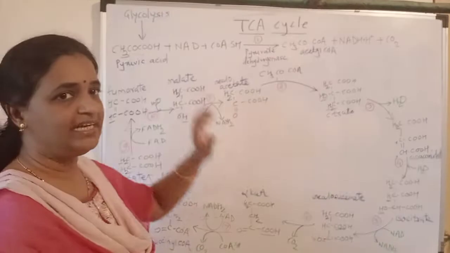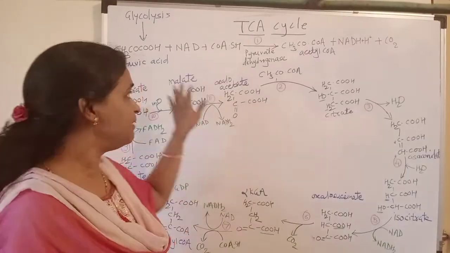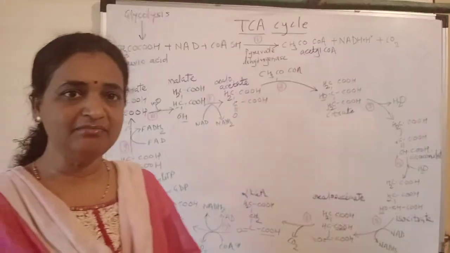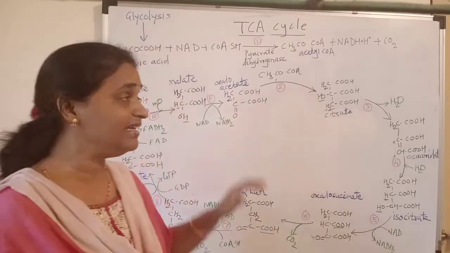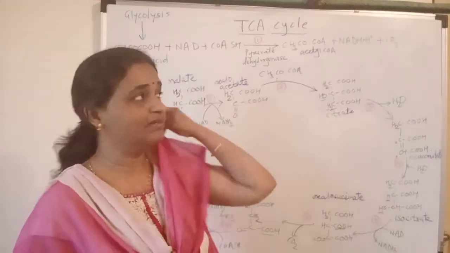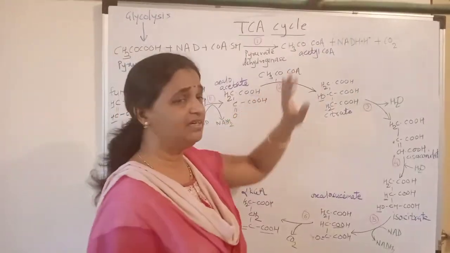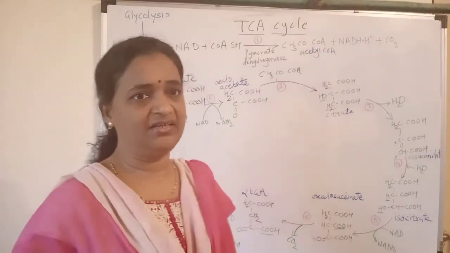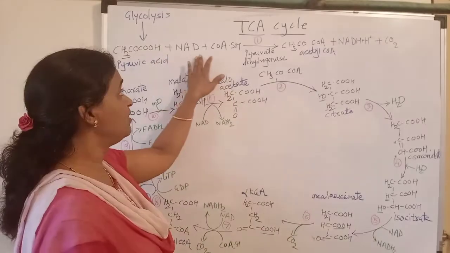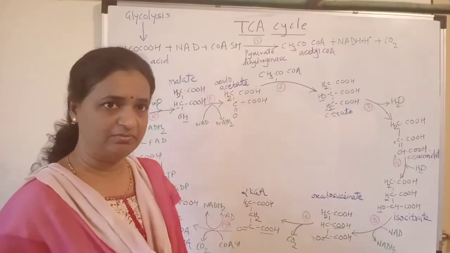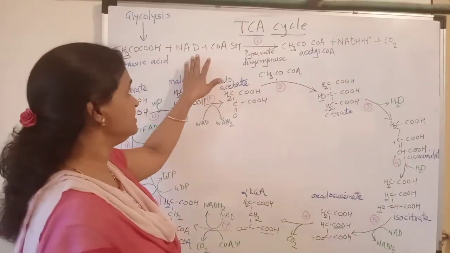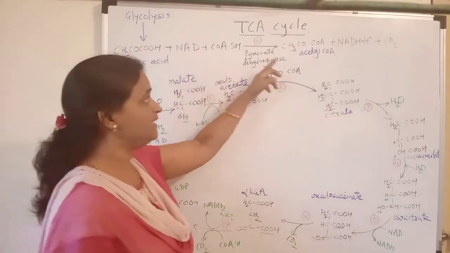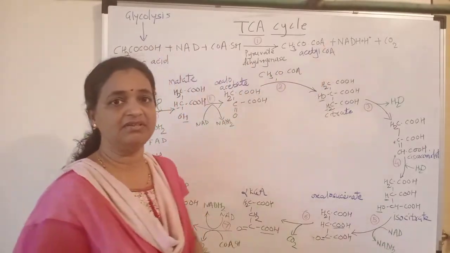As you know, the end product of glycolysis is pyruvic acid, and before entering the TCA cycle there is a bridge reaction. Pyruvic acid is converted into acetyl coenzyme A by dehydrogenation. One hydrogen pair is removed from pyruvic acid and accepted by NAD, and NAD is converted to NADH2.